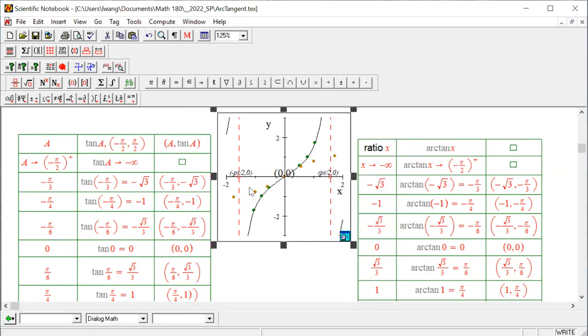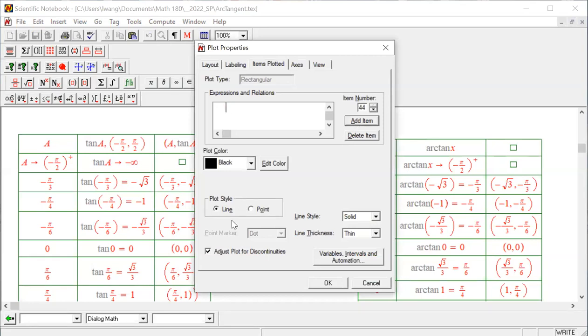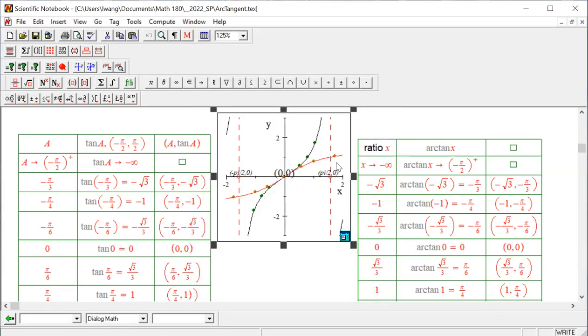Now it's time we're gonna connect these dots, right? Connecting these dots is arctan. We're gonna make it red. Here we go. That's the red. Okay, so this black with the green dots, that's tangent, and the red is the arctangent.